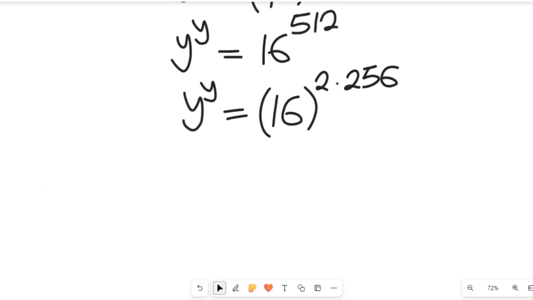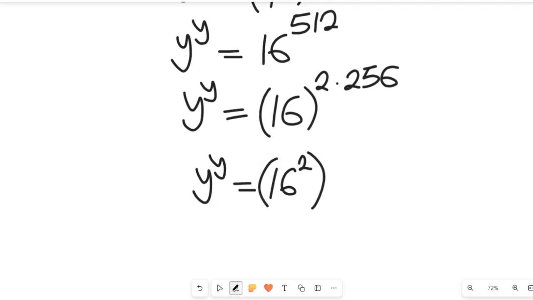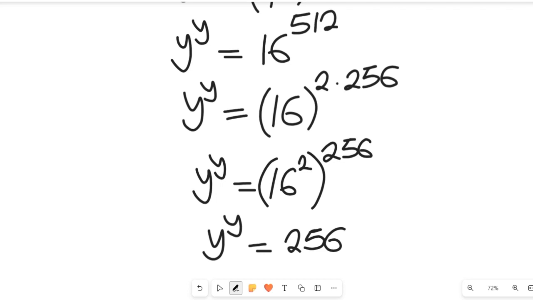If we simplify that, we are going to have y to the power of y equal to 16 squared, all to the power of 256. Now come to think about this, 16 squared is going to give us 256, so y to the power of y equals 256 to the power of 256.